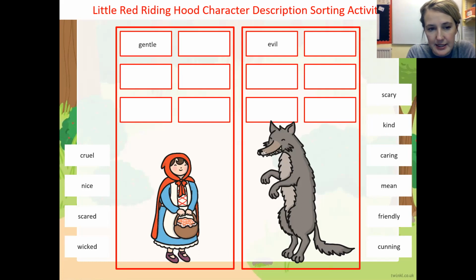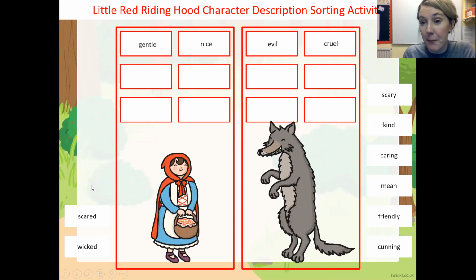This word here says cruel. So which one would you write that for? Cruel. So we don't need that for Little Red. Nice. Maybe pop that down on your keywords list. Scared. Okay, pop that down on your keywords list. This will help you get the correct spellings because it's a list ready for you to use. Wicked.